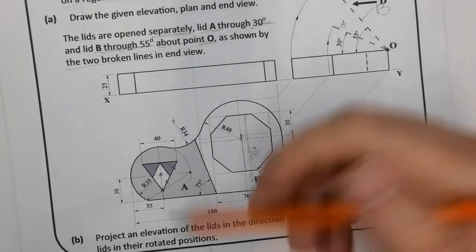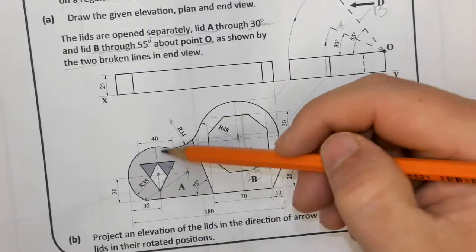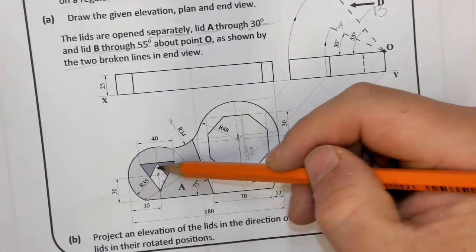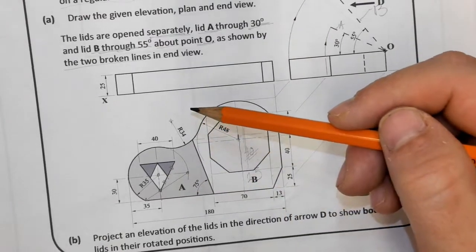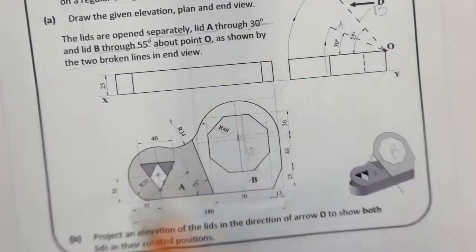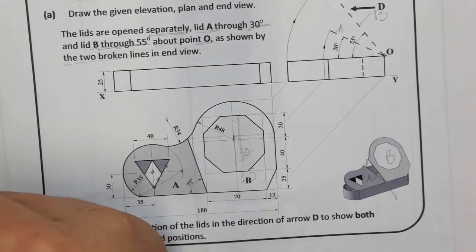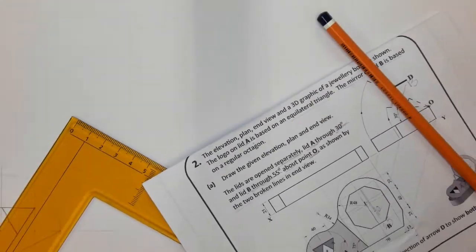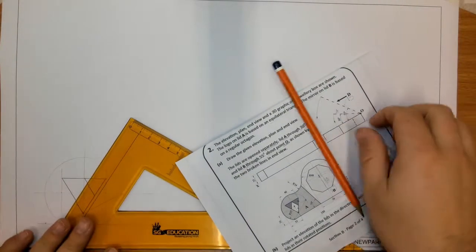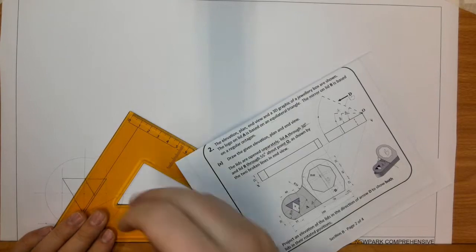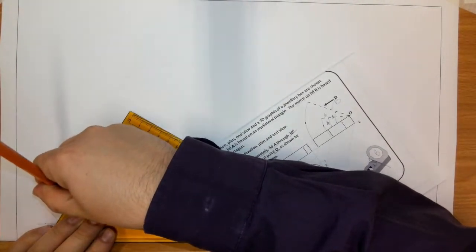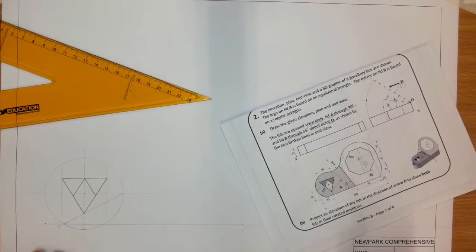These two are equal, so essentially it's just those two. These two are another little equilateral triangle again. Sorry, you didn't see that. So that's how we get the inside one.